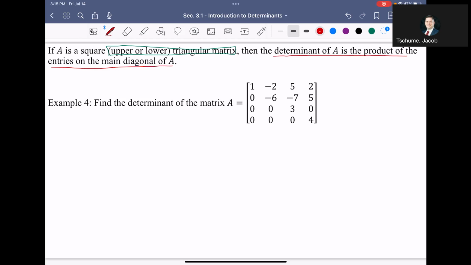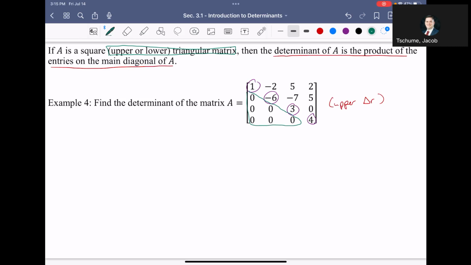So as you can see in my last example here, this is an upper triangular matrix because you've got numbers down the main diagonal that I'm going to circle, and then everything below those numbers is 0.